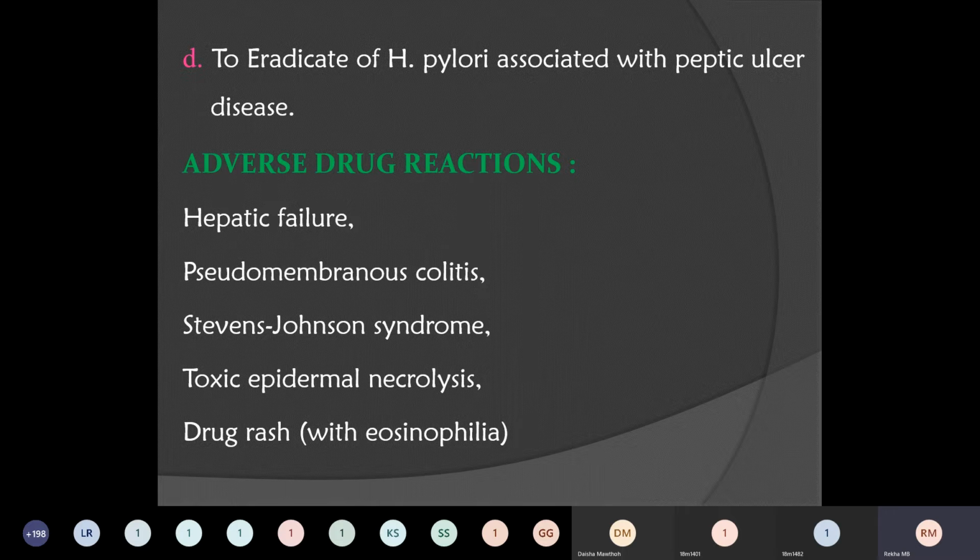Clarithromycin has a lot of adverse drug reactions like hepatotoxicity, pseudomembranous colitis, which is caused by Clostridium difficile, where you have diarrhea, Stevens-Johnson syndrome, toxic epidermal necrolysis, and drug rashes with eosinophilia are the commonest side effects of clarithromycin.